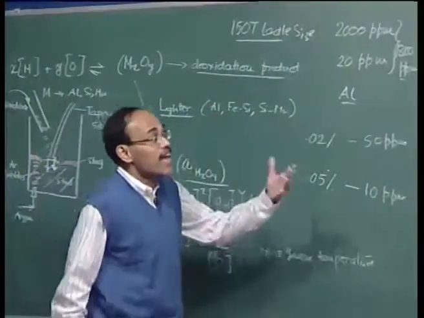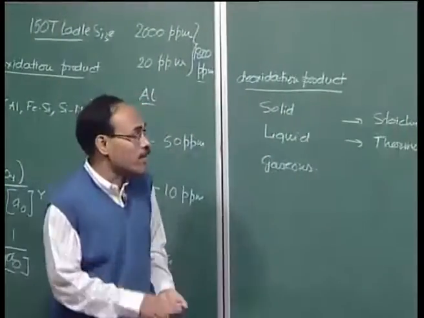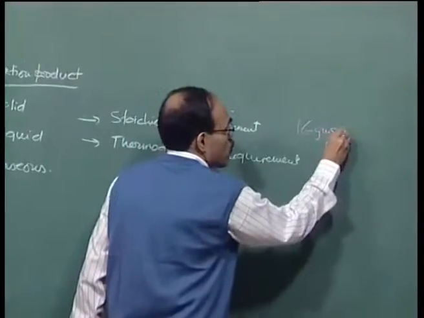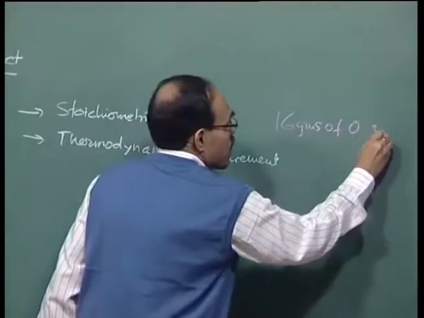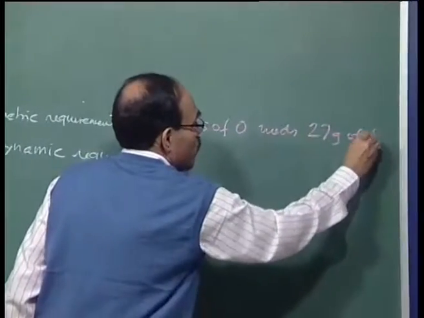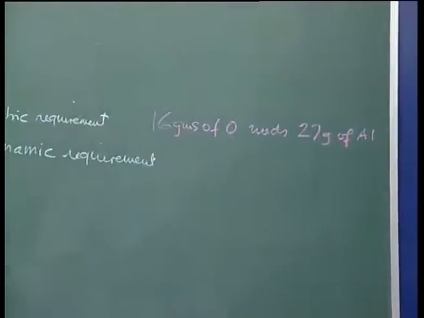And this I call the stoichiometric requirement. 16 grams of oxygen needs 27 grams of aluminium, and on the basis of this you will be able to carry out the calculation.